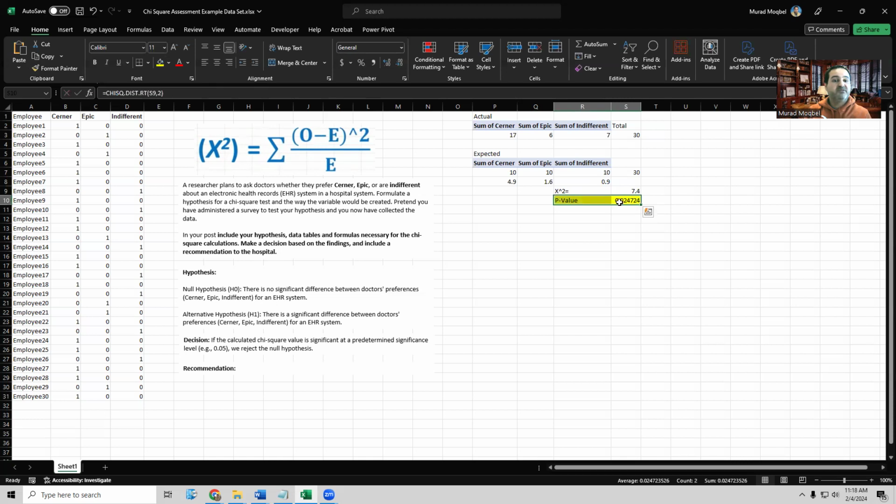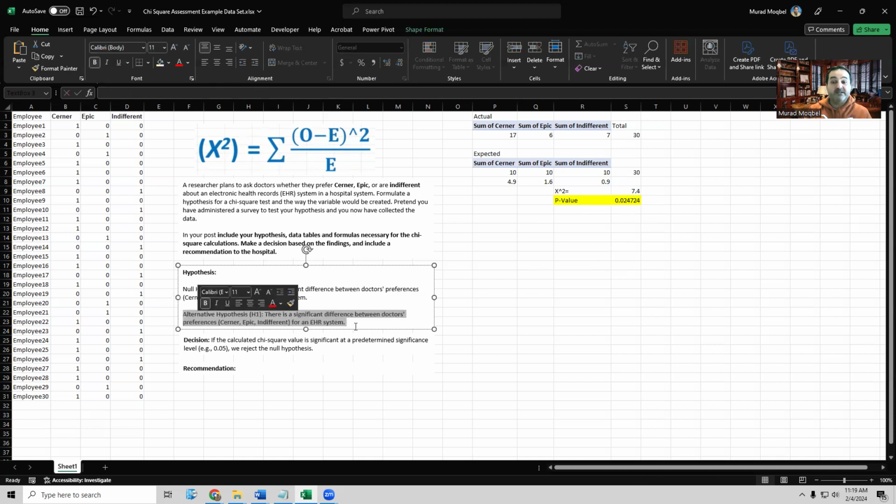Again, remember the rule of thumb that we learned in middle school when our math teacher told us that if the p is low, the null must go. The p is lower than 0.05, so that means the null must go and the alternative will be supported, right? That means there is a significant difference between those three choices. So our decision here is that yes, there is a significant difference, and the alternative hypothesis is supported.